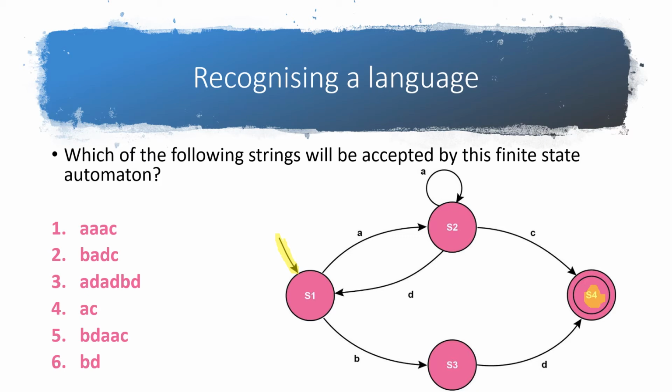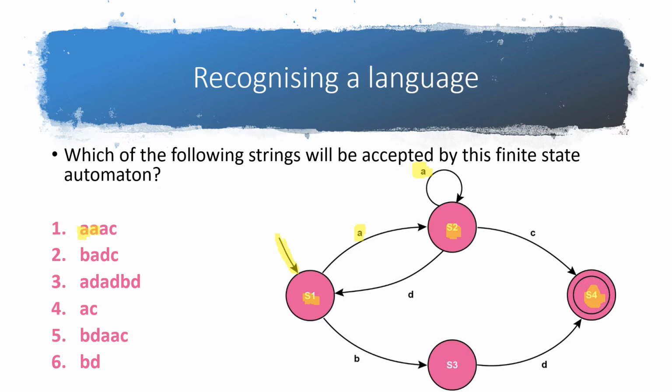So for example, on this first one, we've got A, right? If we're on the start state, which is S1, and we've got an A, we're going to transition to S2. Then the next A, we're on S2, and if we provide an A, we're going to essentially stay on S2.